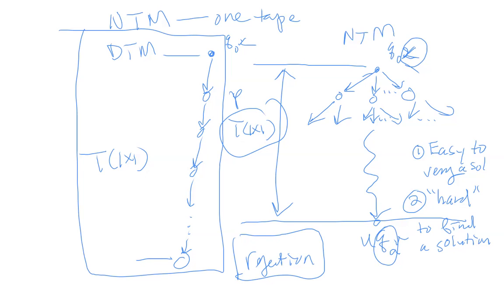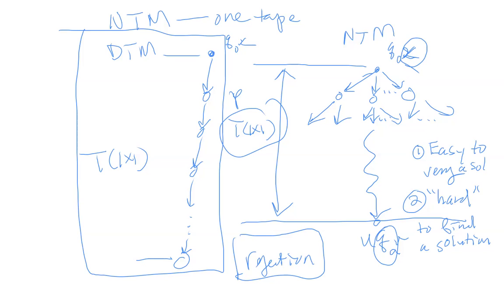Even though our underlying computation model is the RAM, we know that RAM and one Turing machine are equivalent in power within a polynomial. So that is our computation model.